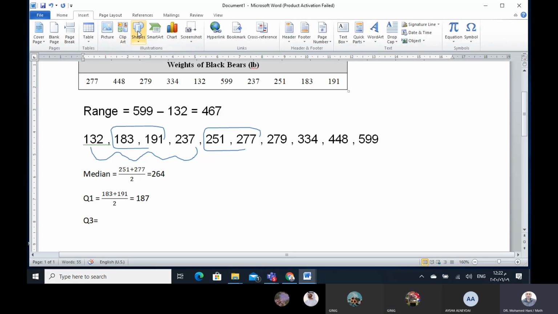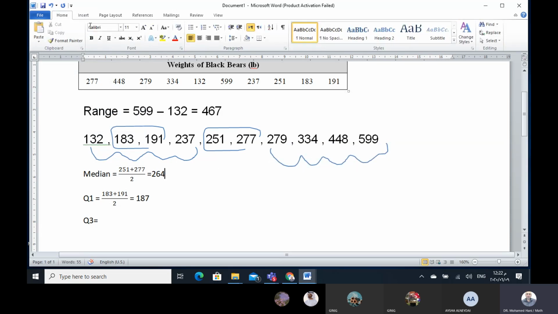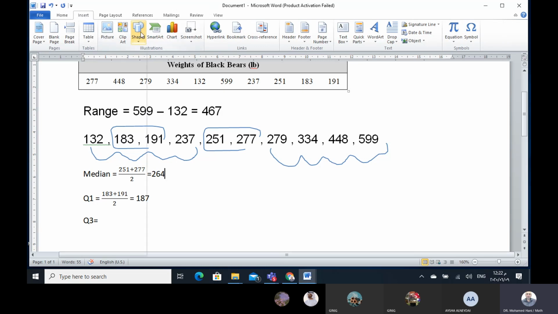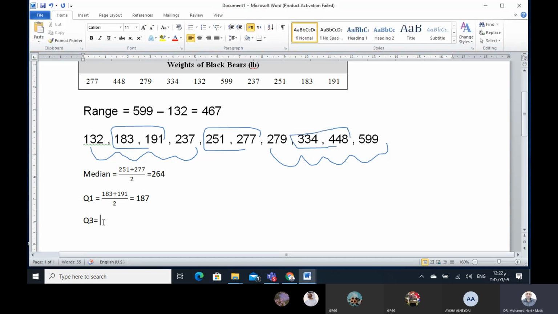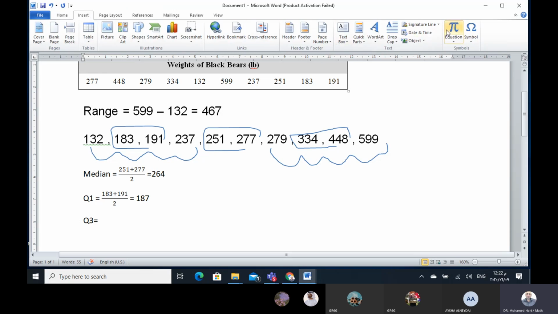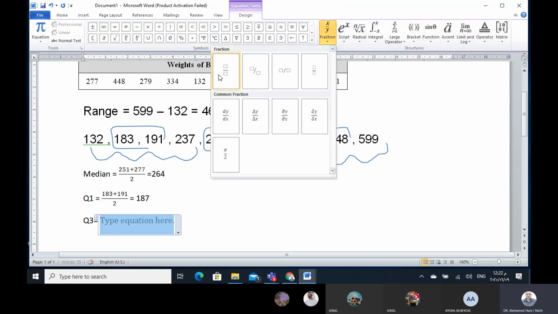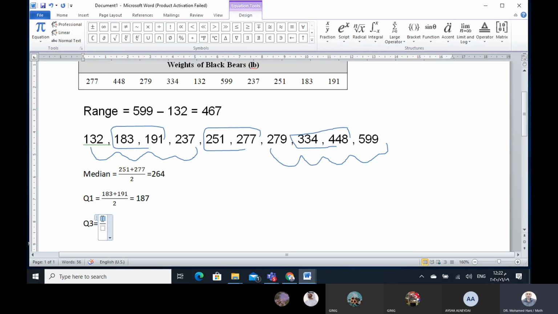Excellent. Now for Q3, go to the next set here, then find the median. Here we have 4 numbers, meaning even, so take the 2 numbers in the middle. So I can write 334 plus 448 divided by 2.